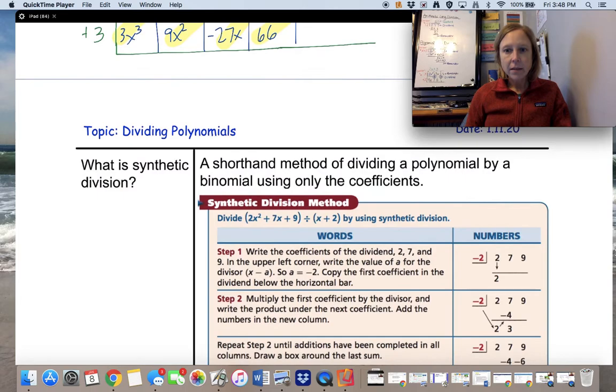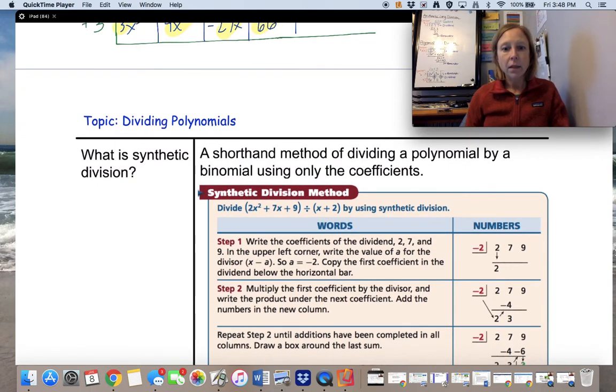All right, last topic this week is called synthetic division. This is a shorthand method of dividing a polynomial by a binomial. So there are restrictions here. The first thing is that your divisor can only be a binomial. The next restriction is that binomial has to have a leading coefficient of 1.